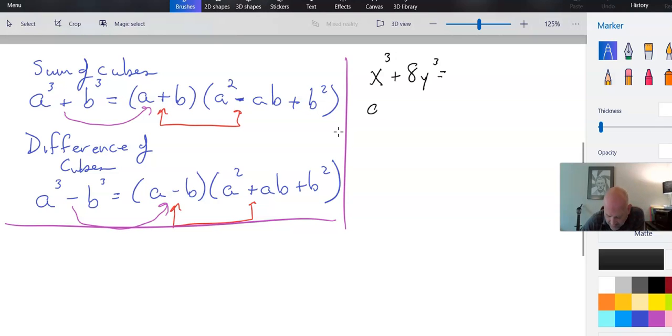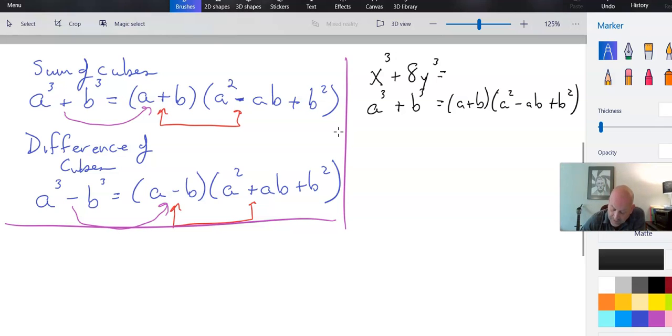I like to, right below the problem, especially while you're getting used to it, you notice this is a plus, so this one's going to be a plus. I like to write down the formula, because I know that's where everything's going to go. Then what I need to do is figure out what a and b are.